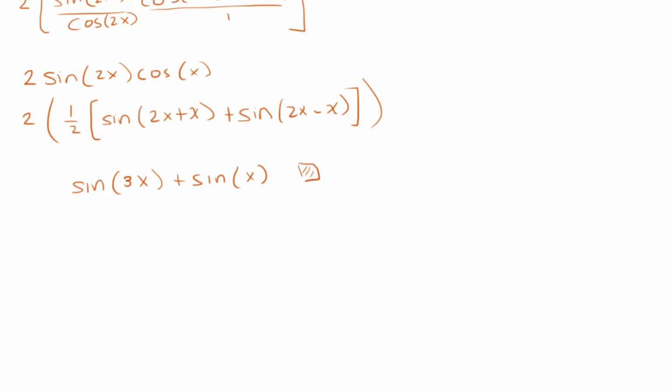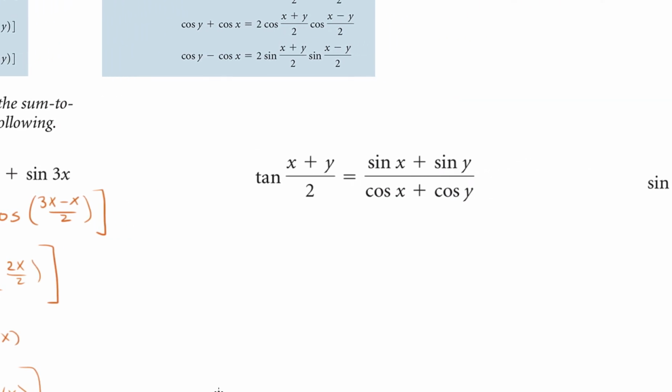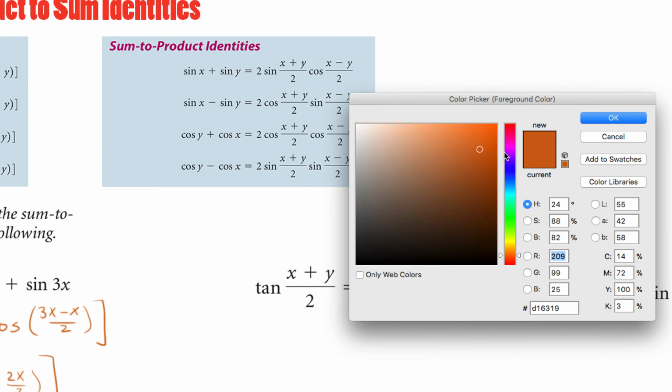Now let's do another example. This time I'm going to go from right to left, again with the same principle: from hardest to simplest. Sine of x plus sine of y. Let's use this first identity. Let me change the colors to avoid confusion.